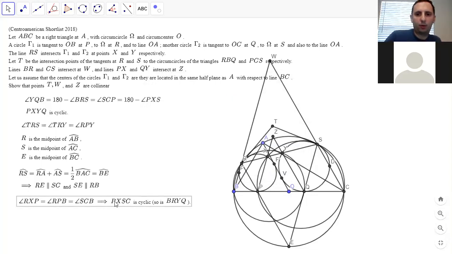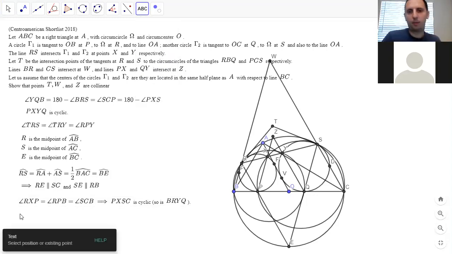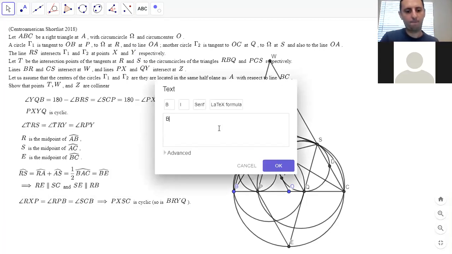And then I'll just say, since we don't have too much time here, by an angle chase, angle TRS is equal to angle TSR.